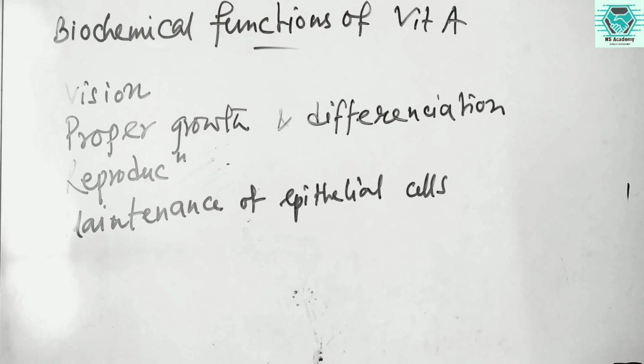Okay, so first of all, let's go through vision. Generally all of you know that for eyesight, from the very childhood we are advised to take vitamin A or foods rich in vitamin A. So what is the biochemical process?